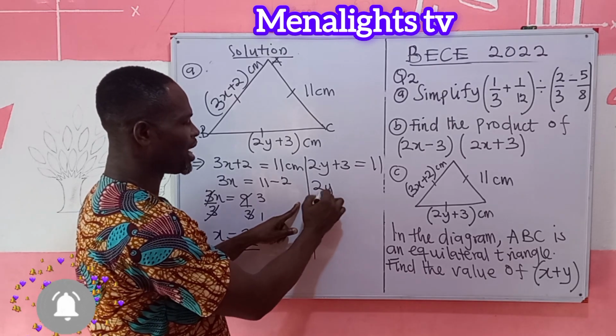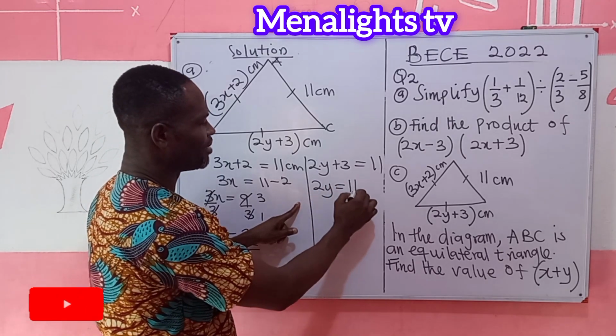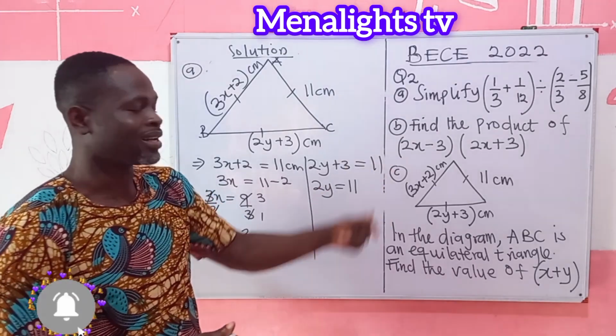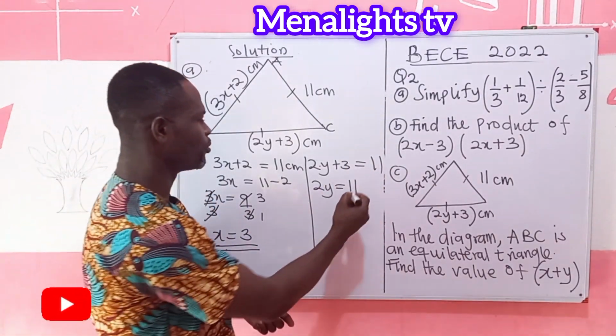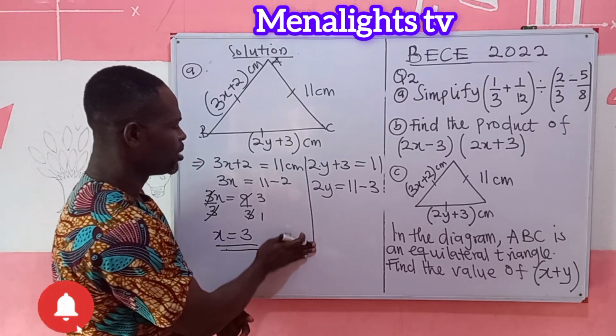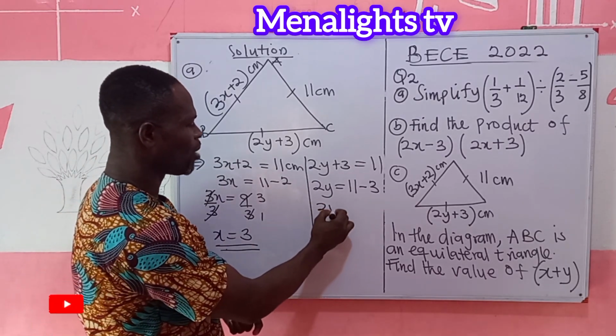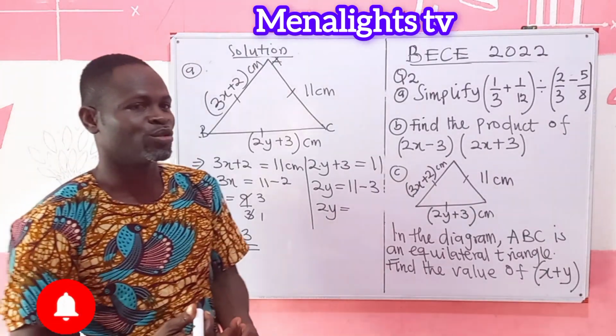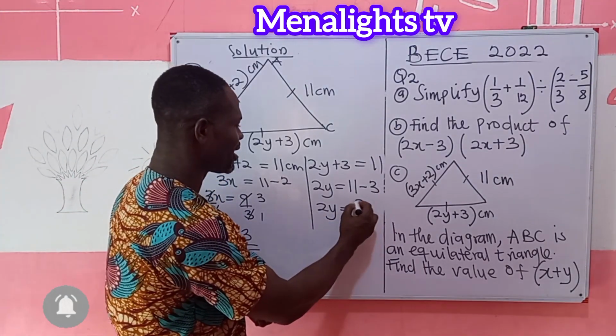So we have the 2y, which is equal to 11. So this 3, we are sending it to where we have the 11, becomes minus 3. So what we have is 2y is equal to, so when you take 3 from 11, we are left with what? We are left with 8. So we have 8 here.